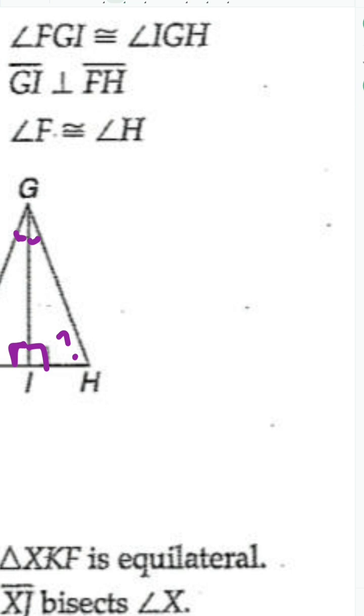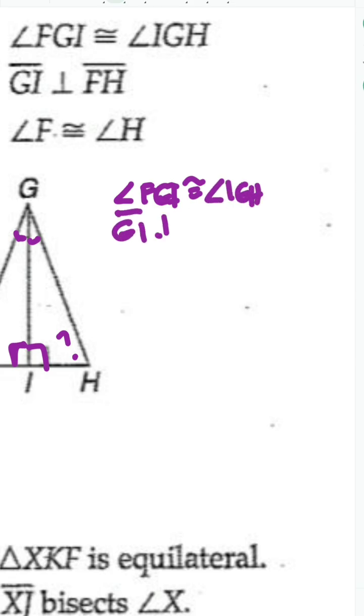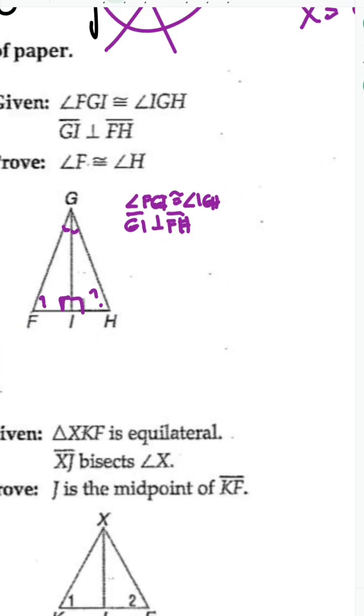Okay, we start with the given first. So angle FGI congruent to angle IGH. GI is perpendicular to FH. This is just given. Then, okay, what can we conclude from here if they are perpendicular?